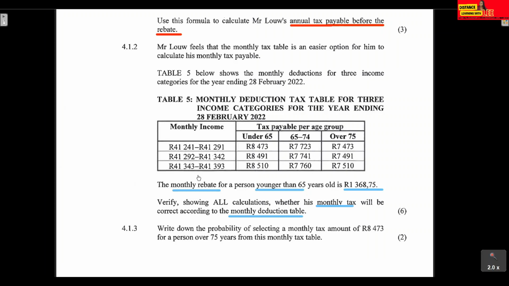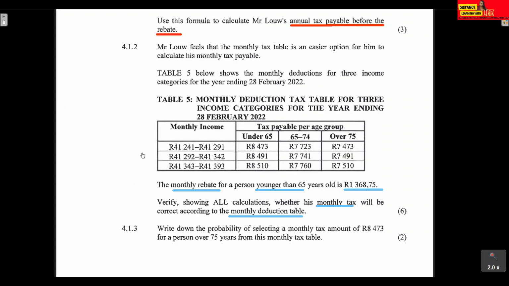Once we know the category where his income falls, we will be able to determine how much tax he pays according to this table. And you need to note with this table, it only shows us the value of the monthly tax payable before the rebate. So now we need to check to see if this table is correct.